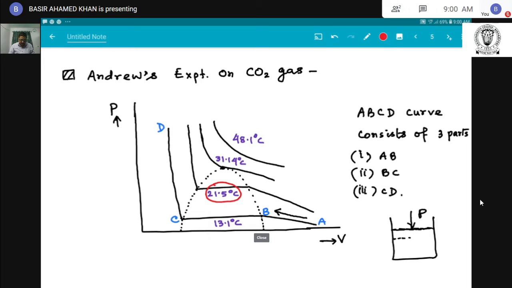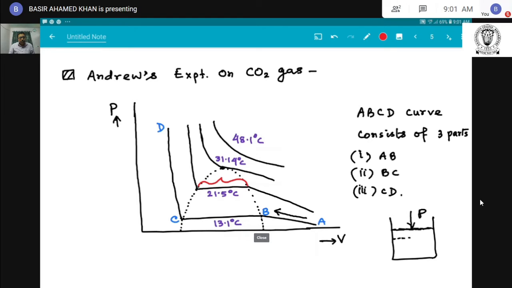That means this is the horizontal portion BC, and it is shorter for higher temperature. For 21.5 degrees centigrade, the horizontal portion is shorter than the isothermal at 13.1 degrees centigrade.